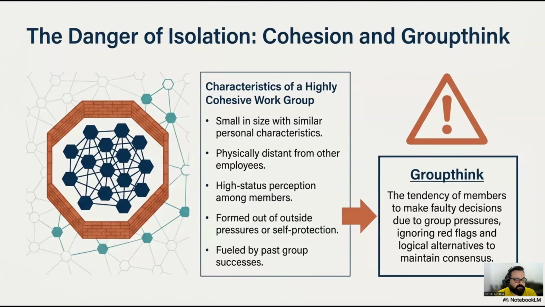Instead of, hey, what if we try it this way? What if we tried this other way? Everybody just wants to agree. Great supervisors encourage unity, but also a little bit of disagreement: question the methods and question how it's done. We want to avoid groupthink.